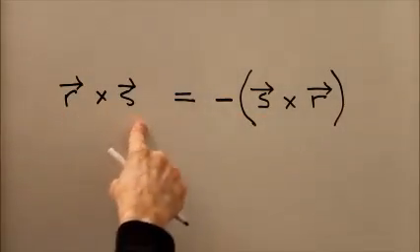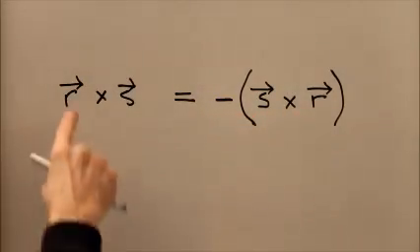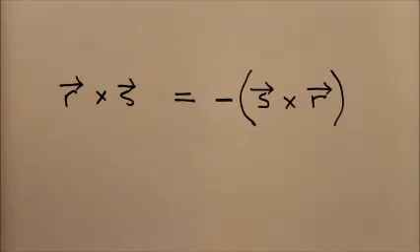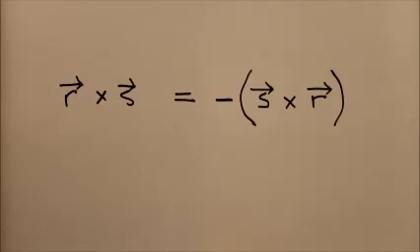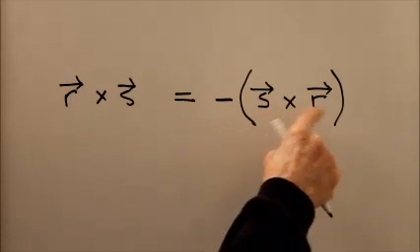So, for vectors r and s, the cross product is anti-commutative, which means that the vector r cross s equals the negative of the vector s cross r.